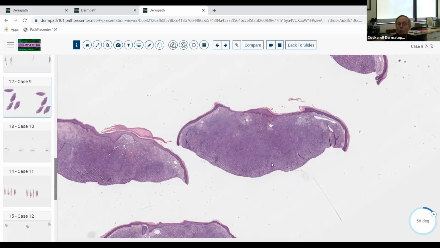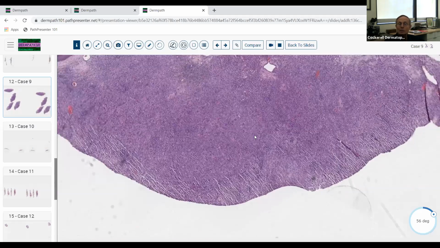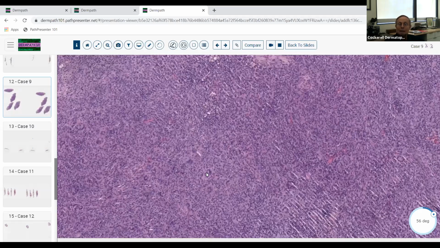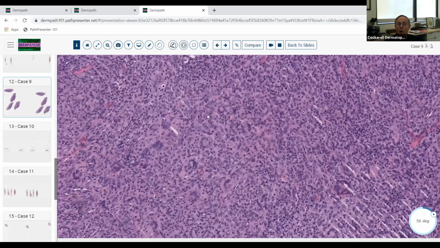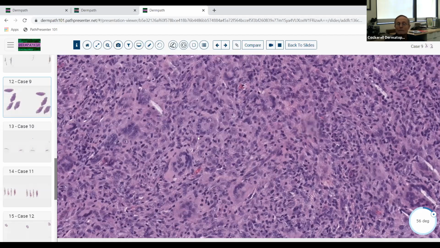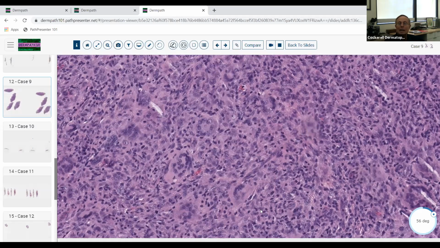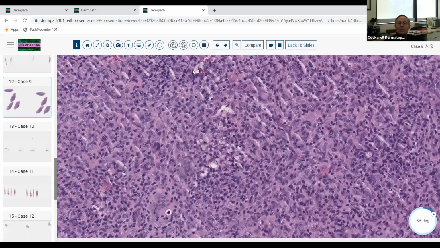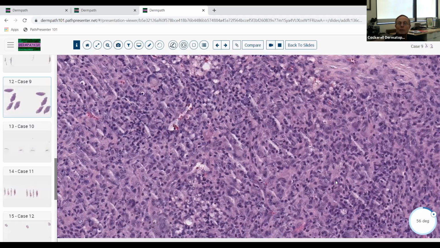They might be epithelioid. But as you go to higher magnification, you can see there are these inflammatory cells in the background, but then we've got these large multinucleated cells here. Some of them have some cytoplasm that's a little bit pale and foamy, and some at the periphery of some of these cells.